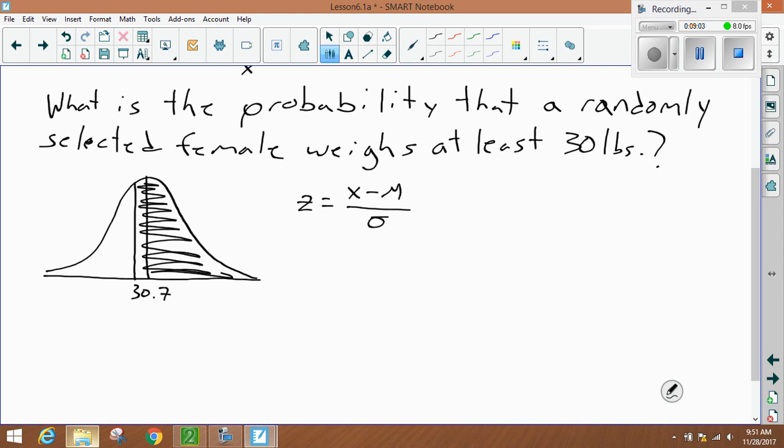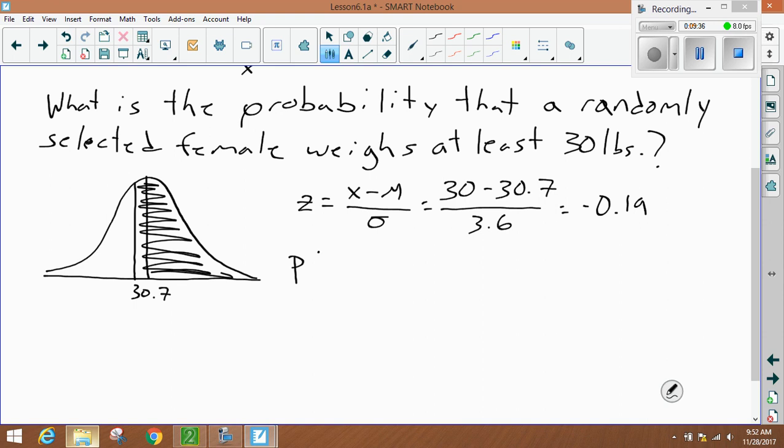So we're going to go ahead and calculate this. It's 30 minus 30.7 over 3.6. This turns out to give me a z-score of negative 0.19.